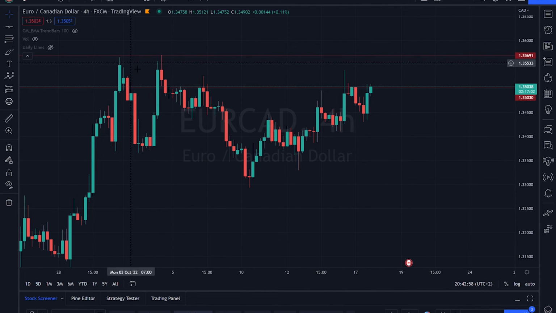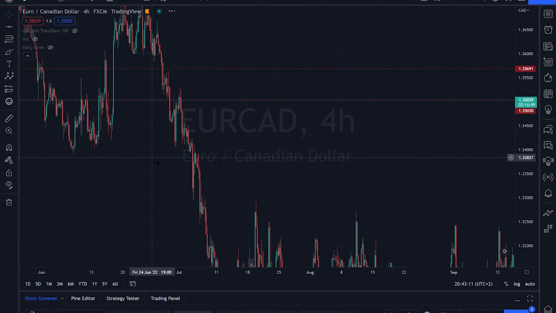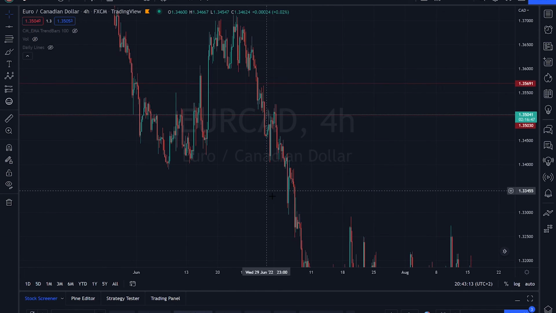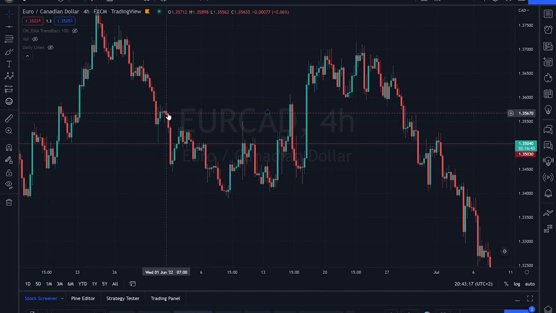And we can see that within the last couple of weeks we've already tested this level of resistance. Let's just double check that. Let's go back a little bit more and see if we've had any others. Yes, you see we have these other points of resistance.